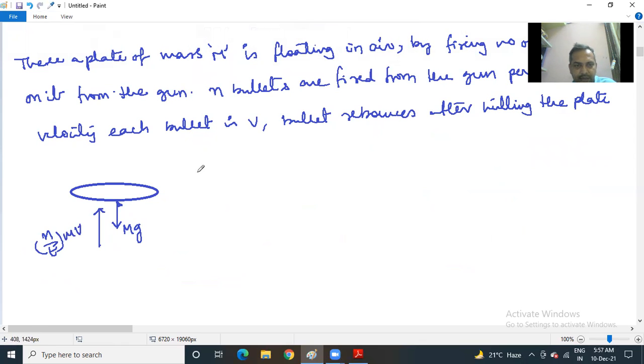So this is from second law, and F is equal to, once again we can write dp by dt, dm by dt first with velocity, because the velocity of the bullets is constant, but they are coming back. So keep this in mind, v minus u, because bullets are coming back in the opposite direction, hitting with u, coming back with v. So there is also change in velocity, n bullets per second.